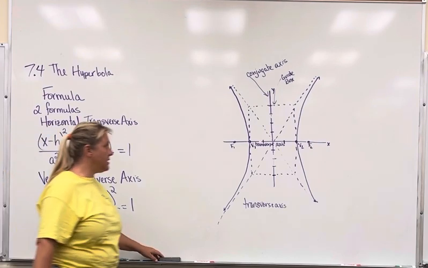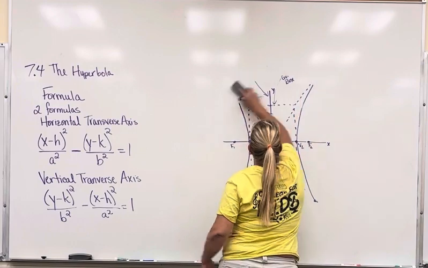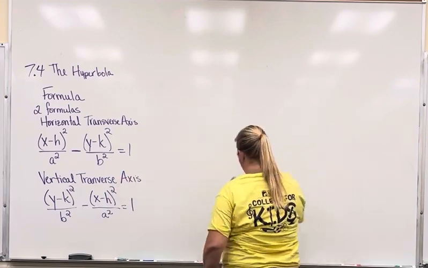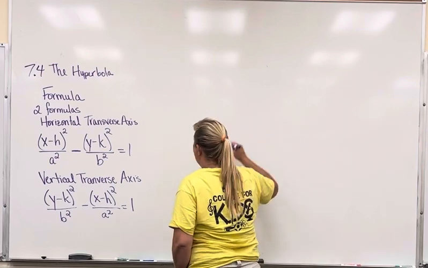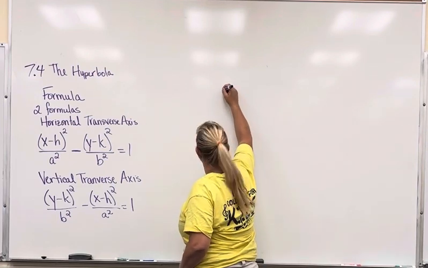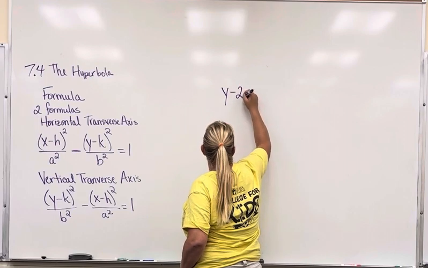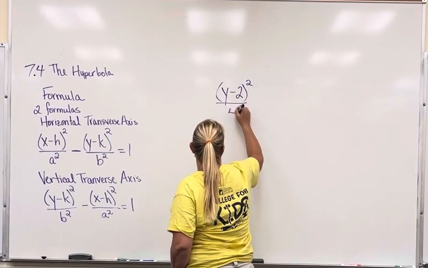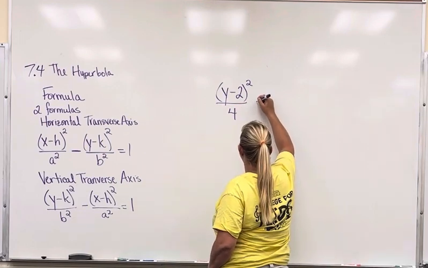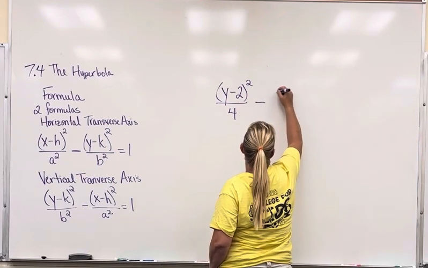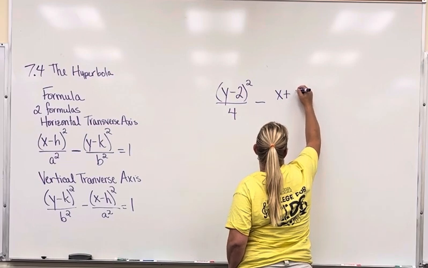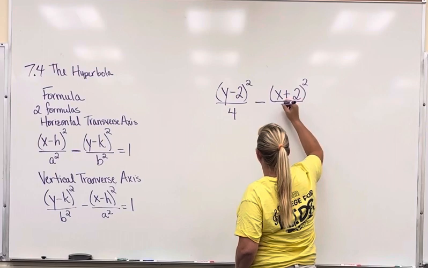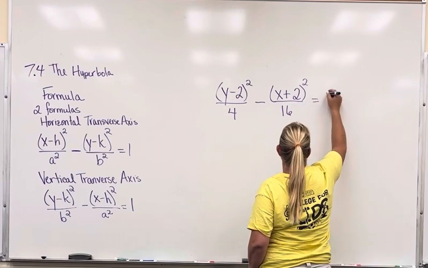All right, so let's look at an actual formula, and then we're going to use what we just did here to draw this next guy. So let's say that we had (y minus 2) squared over 4 minus (x plus 2) squared over 16 equals 1.